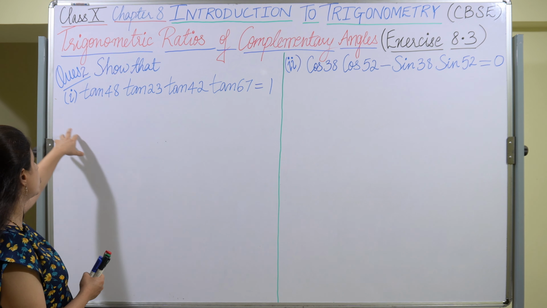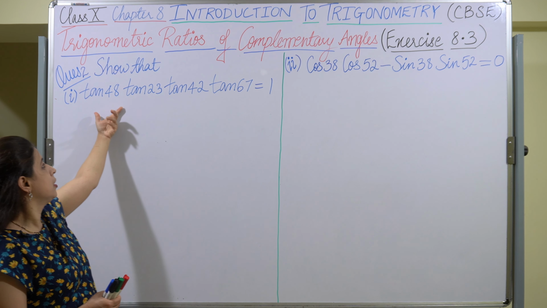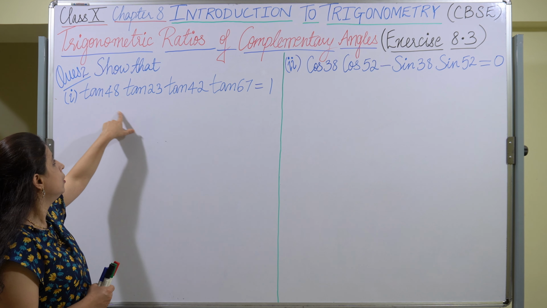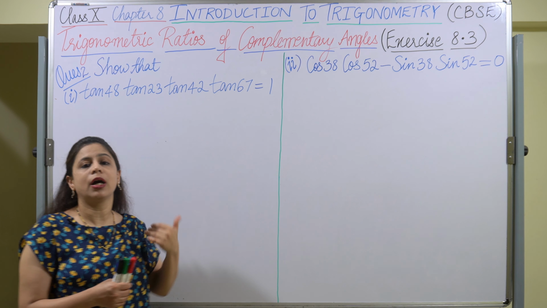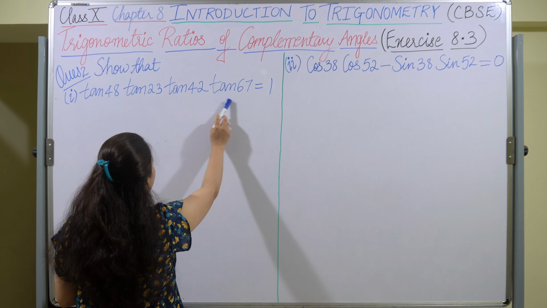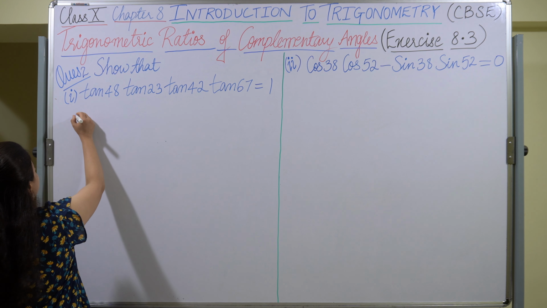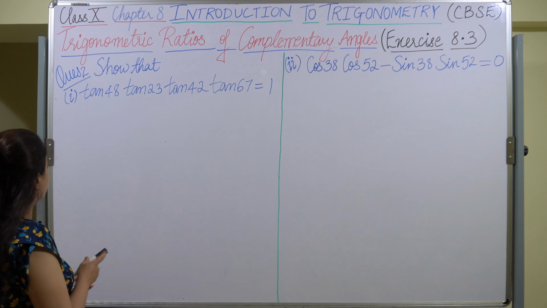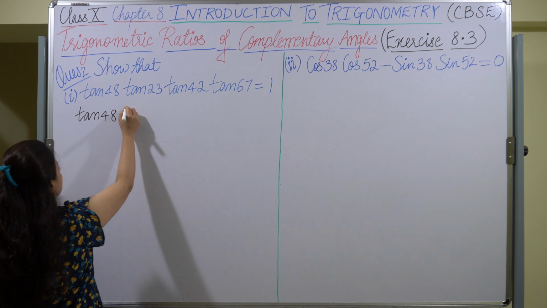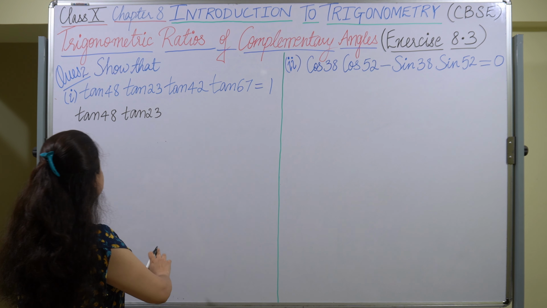Either you convert tan 48 and tan 23 into the form 90 minus angle, or you convert the other two. Convert any of the pairs. We will convert tan 42 and tan 67, so let us write tan 48 and tan 23 as they are.